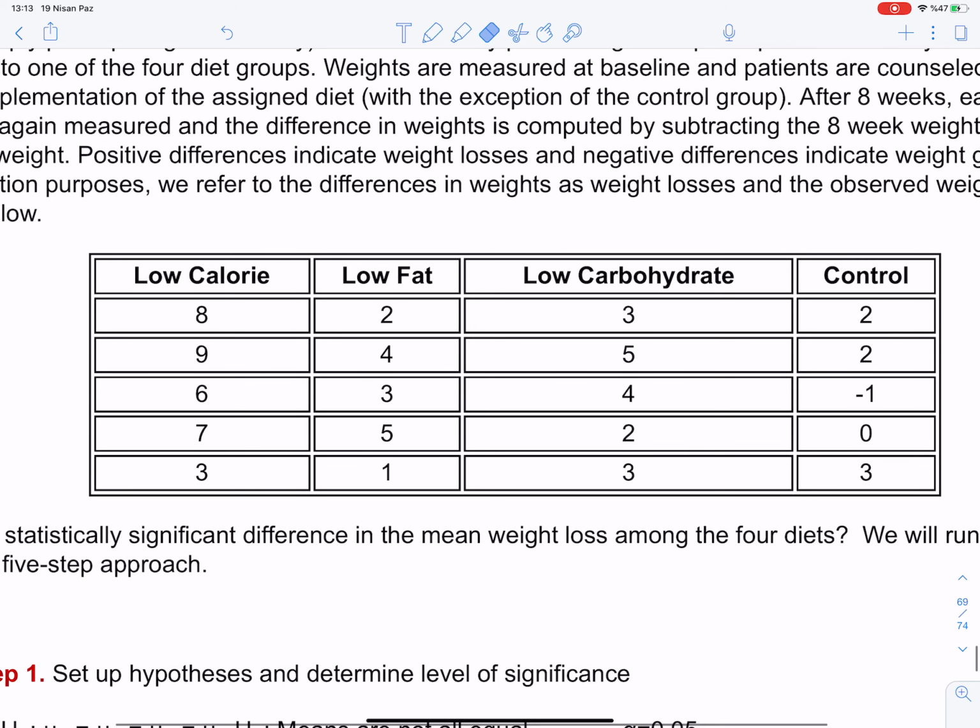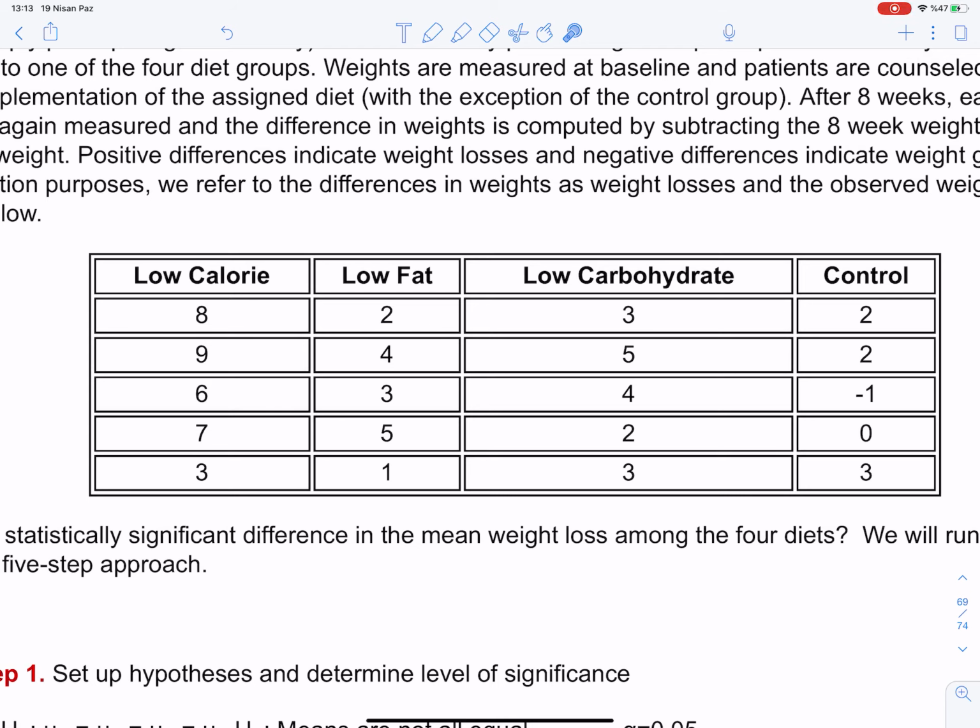There are 5 people assigned to the first group, the low calorie diet. Those people are taking the low calorie diet program. The first person has lost 8 units.